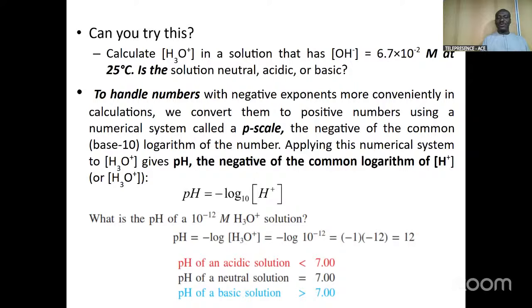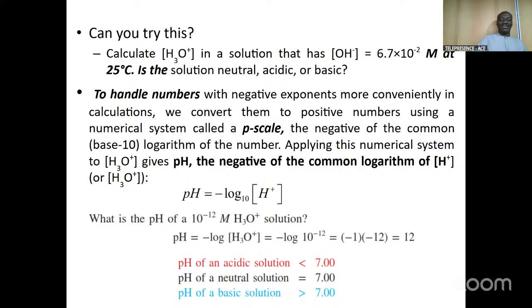Now, you can see we've been dealing with numbers with negative exponents. To make it more convenient to deal with numbers with negative exponents, we convert them to positive numbers using what we call the p-scale. The p-scale is simply the negative of the common logarithm of the number.